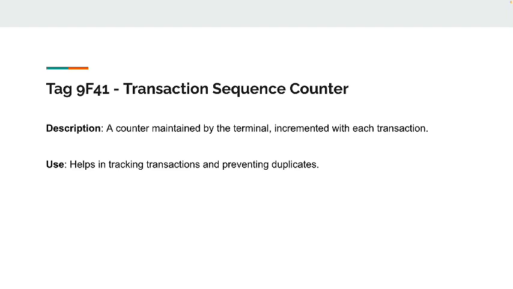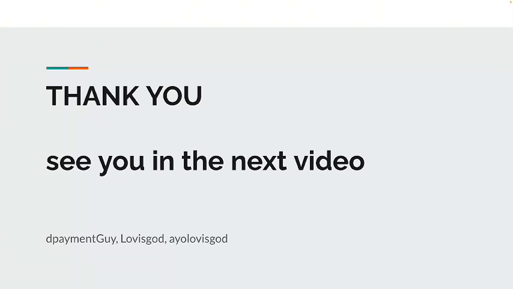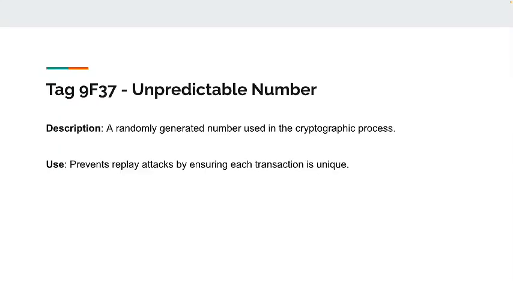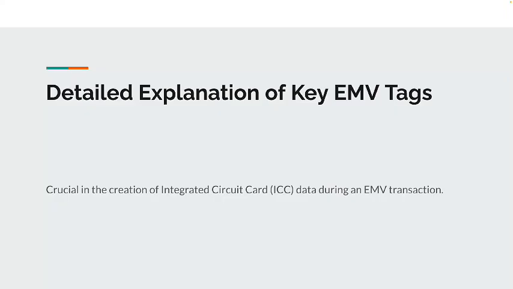This one is maintained by the terminal and is incremented with each transaction. It's just a counter, right? And yes, that brings us to the end of the key EMV tags.